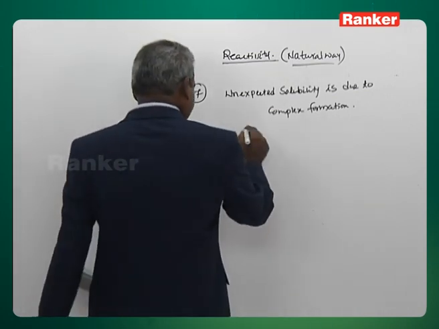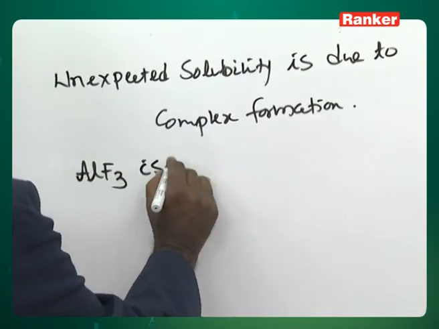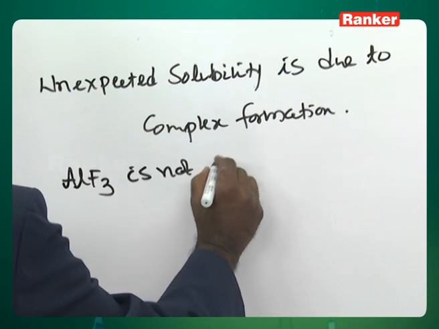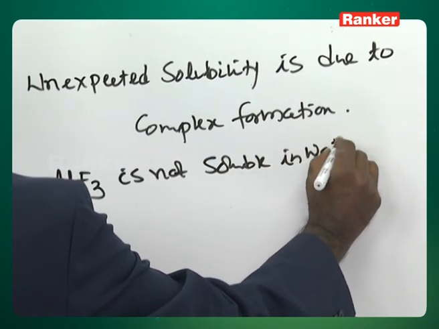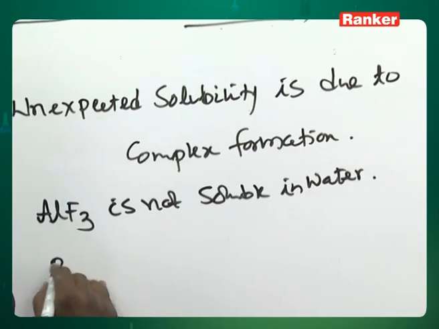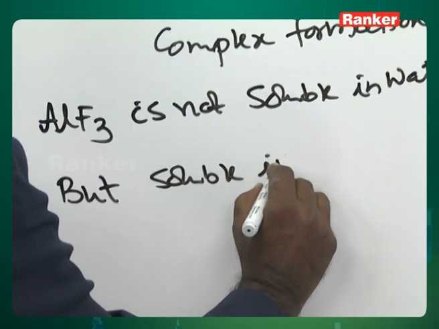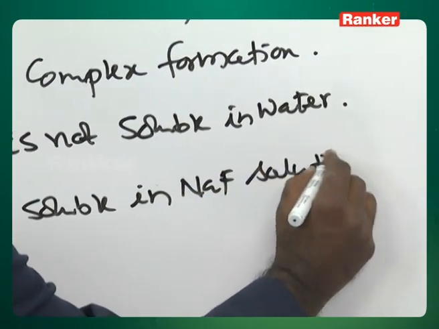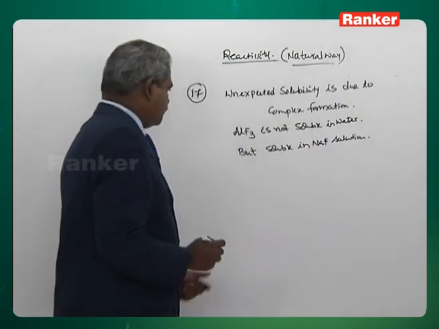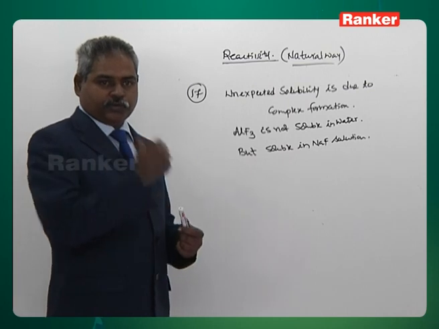For example, AlF3 is not soluble in water, but soluble in NaF solution. Why? What do you get in NaF solution that is not present in water?